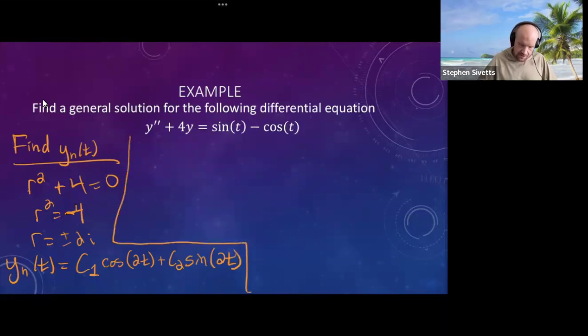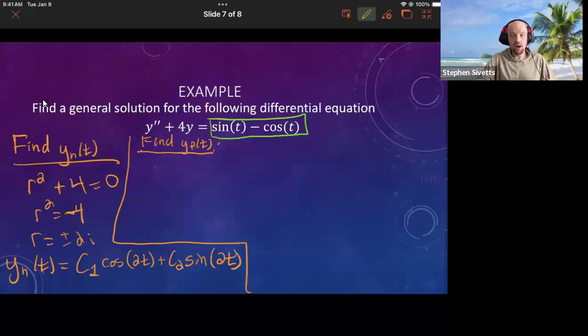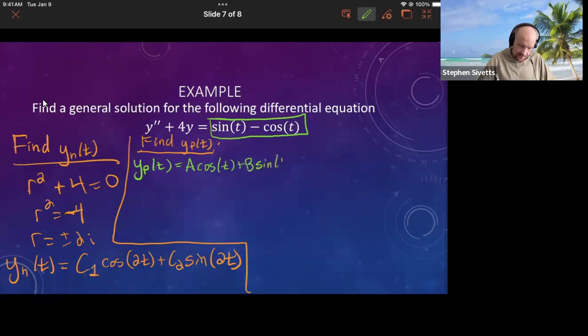Okay. And the other part is solving for the particular solution. Now, we notice on the right-hand side, we have a difference, sine of t minus cosine t. The t's have the same quantity inside the sine and cosine function. Since that is the case, we can write y sub p of t as just a times cosine of t plus b times sine t.